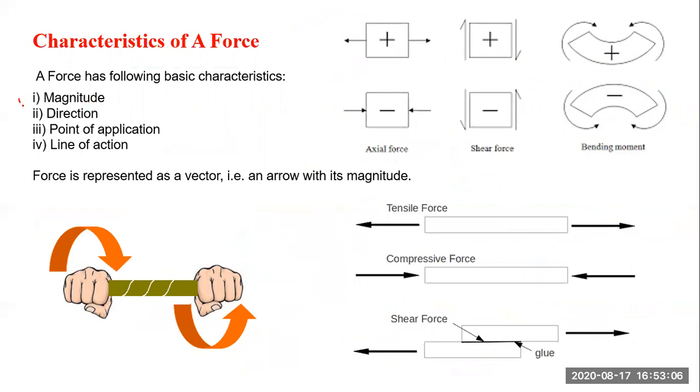One is magnitude, that means the mod value, or it may be simply written as F. Simply F or mod of F vector denotes the magnitude of the force F, the vector F.